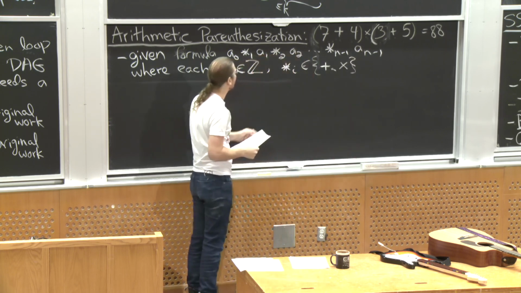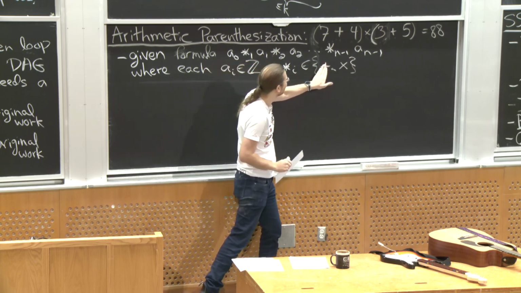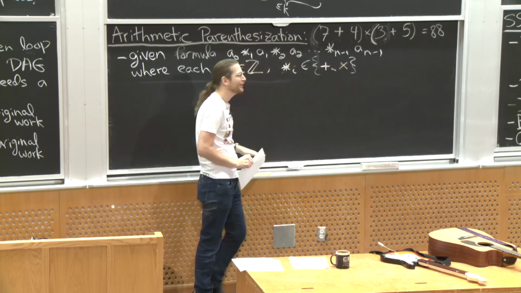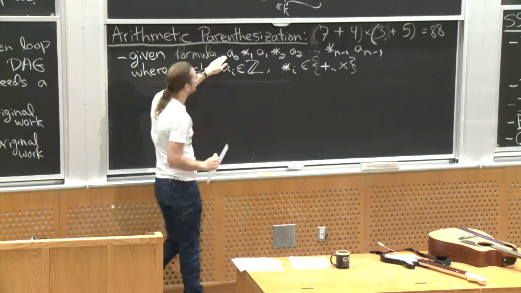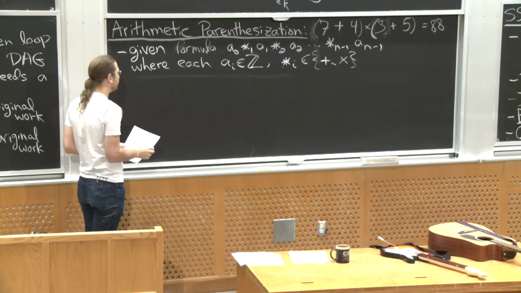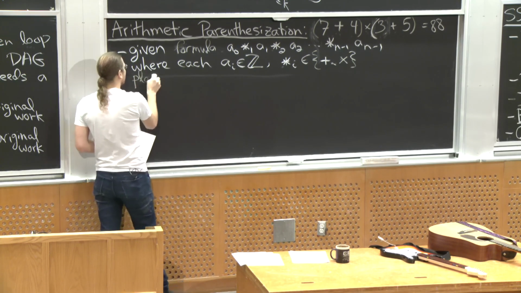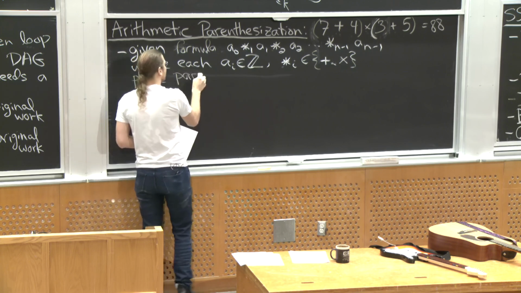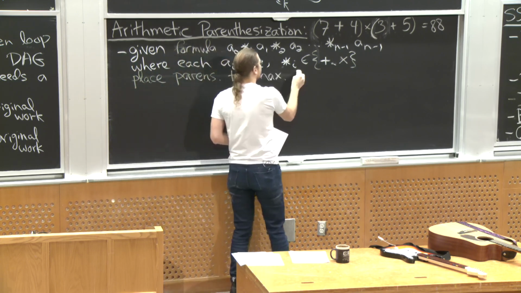So I'm using star as a generic operator, since it is the superposition of a star on top of a times symbol. So it's clear. You're given some formula, any mixture of plus and times that you like, involving n integers. And your goal is to place parentheses to maximize the result.